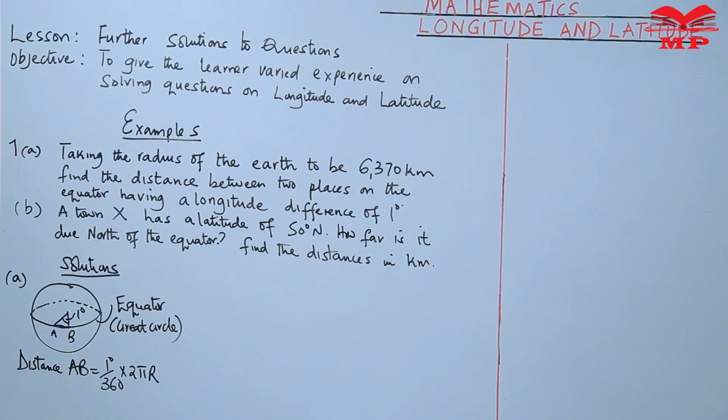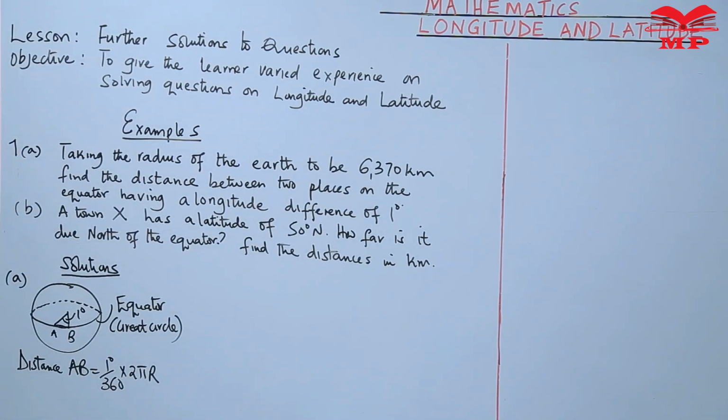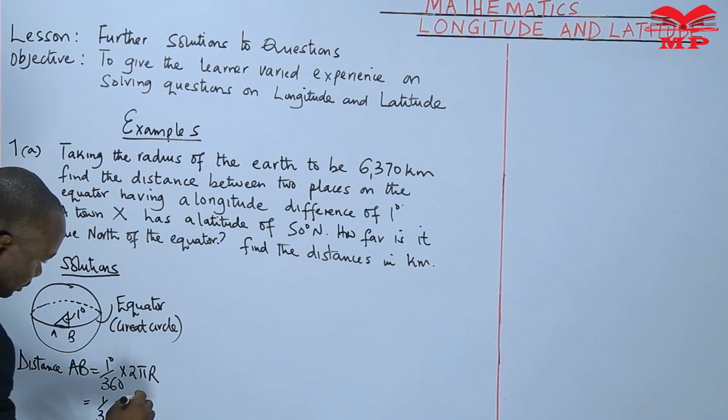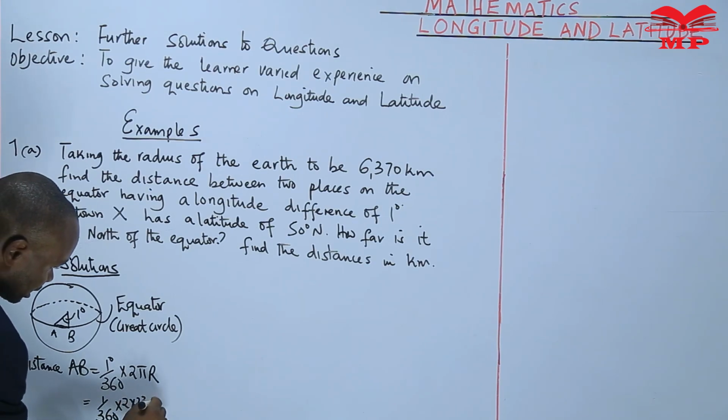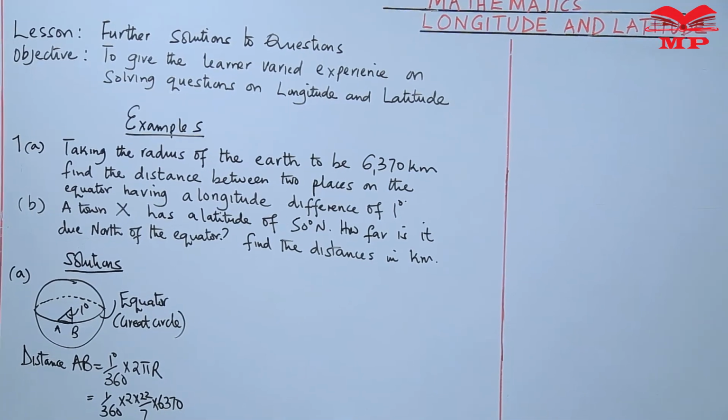Luckily, you've been given your r to be 6,370. So you'll substitute: times 2 times 22/7 times 6,370 kilometers.